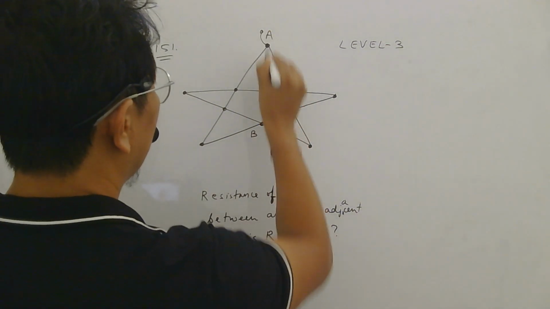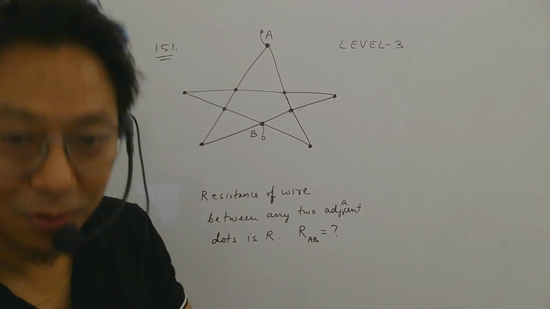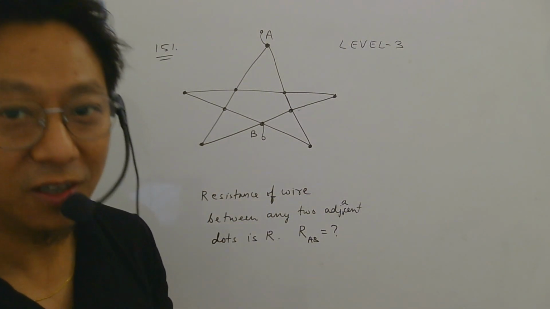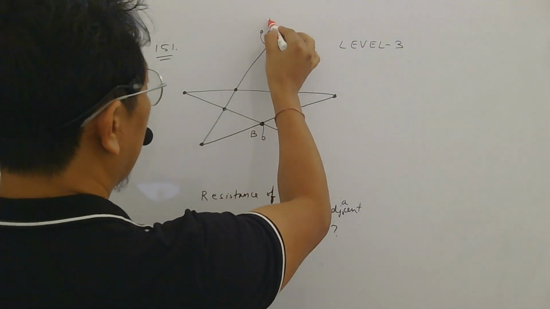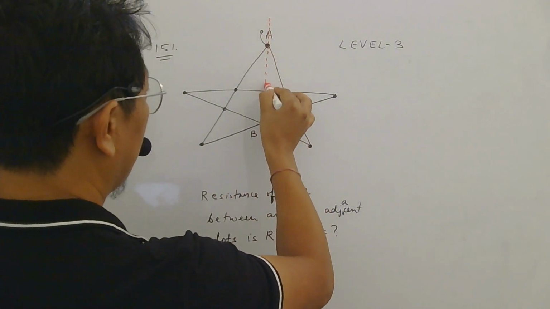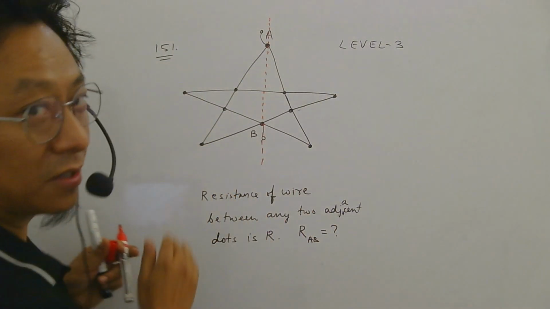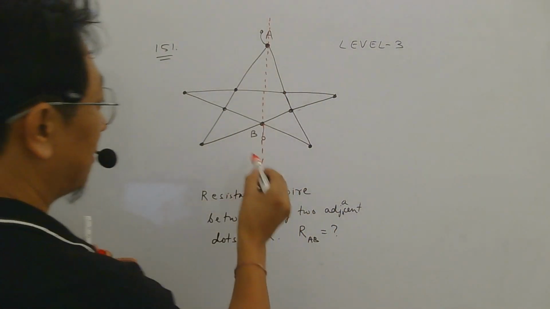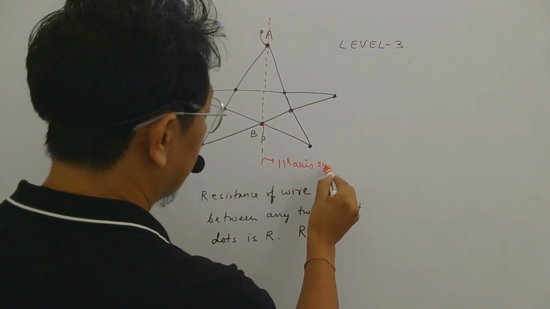So between this terminal and this terminal. Now such questions have to be solved using symmetry. If you look carefully, if I draw a line passing through A and B, you can see this side and this side look same. So this axis has parallel axis symmetry.